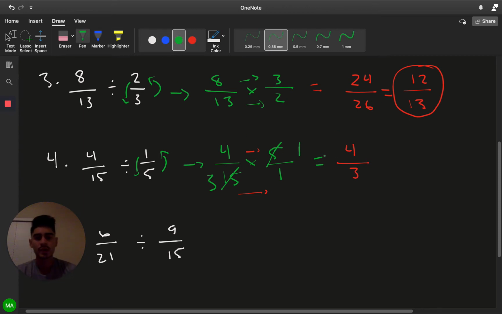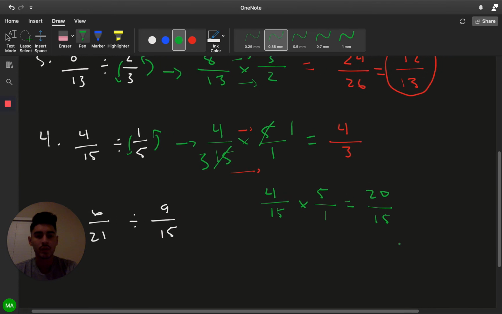But let's just say we didn't know how to reduce that. So we had 4 over 15 times 5 over 1. Well, that would be 20 over 15, and then that reduces.